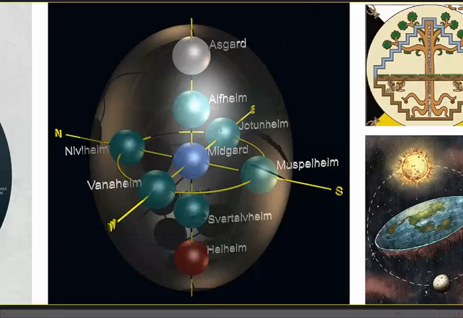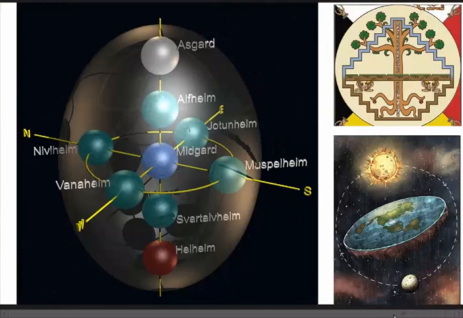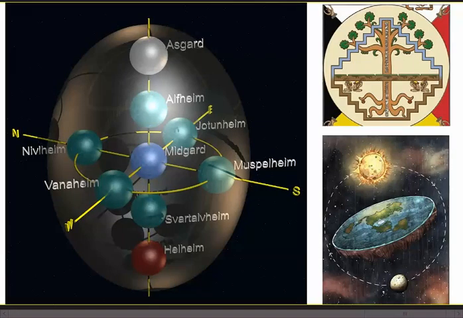Now here we have the Nordic model, which I always like. This is the world tree, which is very similar to the Mayan world tree over here. Both the Mayans and the Norse had the world tree. The Nordic world tree, called Yggdrasil, held up to 9 worlds.